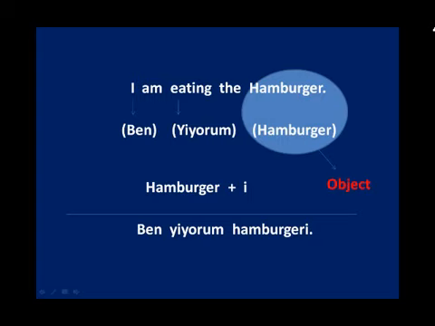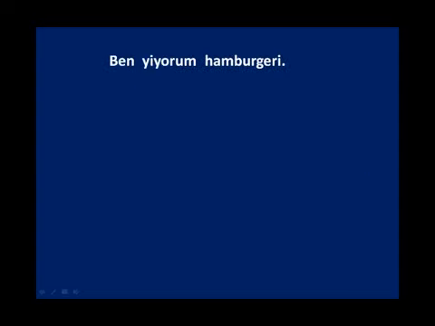It is simple, right? I am eating, and the object that I'm eating is hamburger, so I'm marking it. So it is crystal clear what is the object in this sentence. It is hamburger, because it has the E at the end. Now we have the sentence ben yiyorum hamburgeri, I'm eating the hamburger.